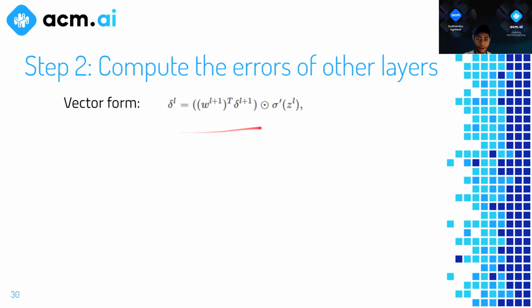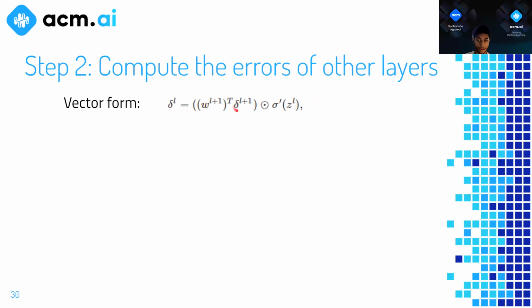So I'm going to jump straight into the vector form, which is this formula right here. Again, disclaimer, the proof of this formula is in the notes. I definitely recommend checking that out. To walk through this formula, the error for an arbitrary layer L is defined as follows.